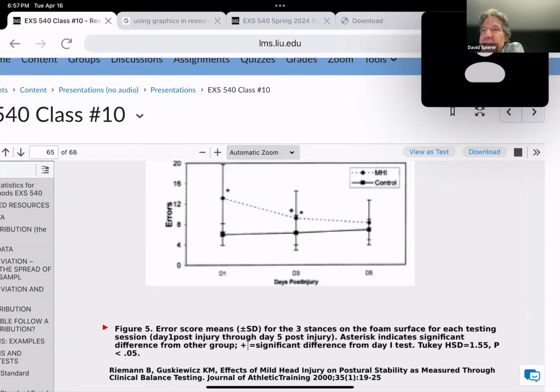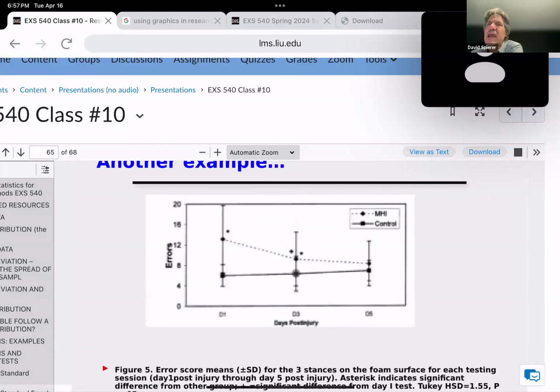MHI is the mild head injury group, and the little squares are the control group. So what does this graph tell us? And what kind of graph is this, by the way? Anyone know?